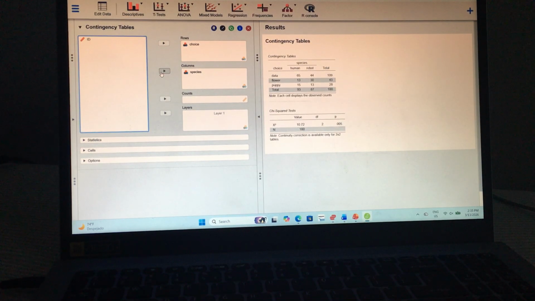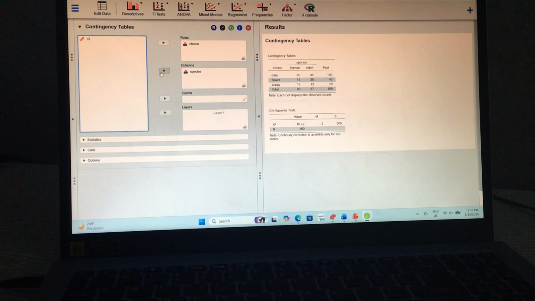In our table, the rows represent the 3 levels of the choice variable, and our columns represent the 2 levels of the species variable. We look at the intersection of a row and a column, and then we determine the count for that particular combination of values.